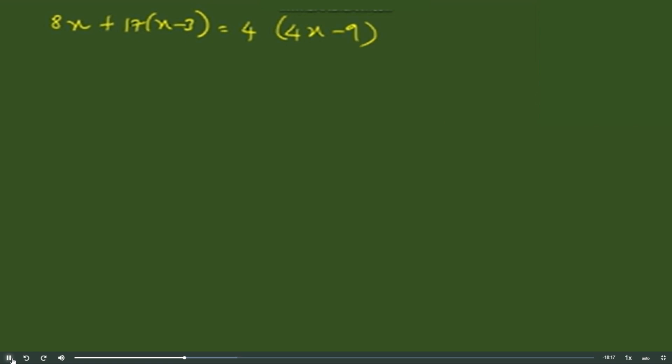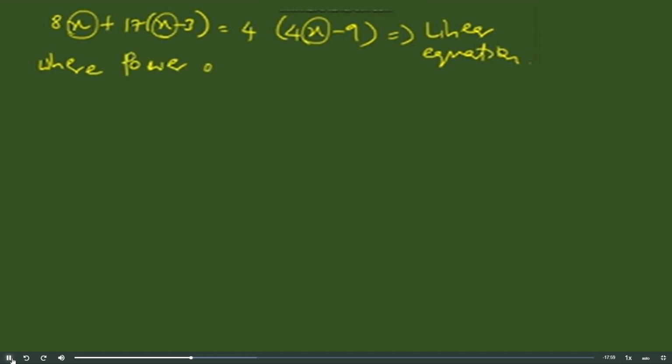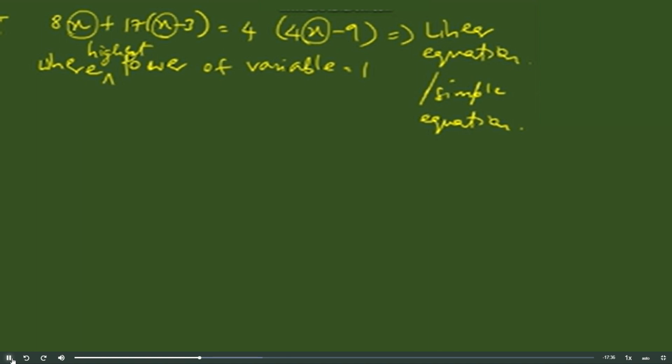Now if you look at the power of x here, at every step there is no value with more than 1 as the power. This is a linear equation where the highest power of the variable is 1. This is also called a simple equation. This is the first example.